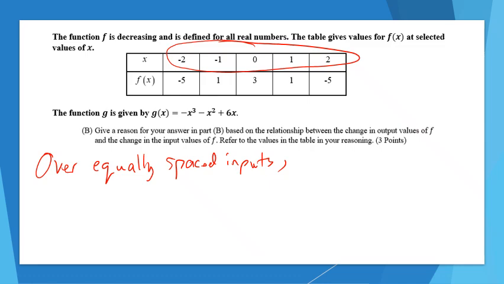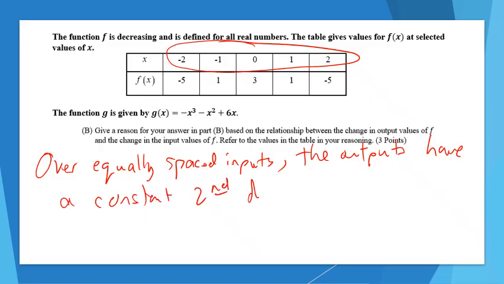So over equally spaced inputs, the outputs have a constant second difference, and this is because it's quadratic, of -4, and that's it.